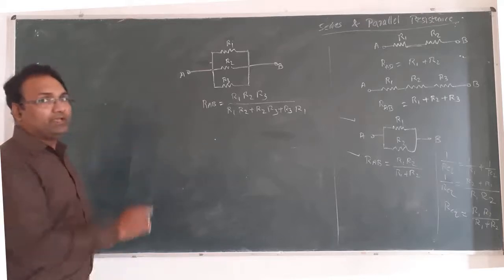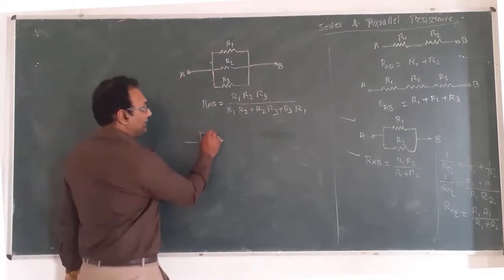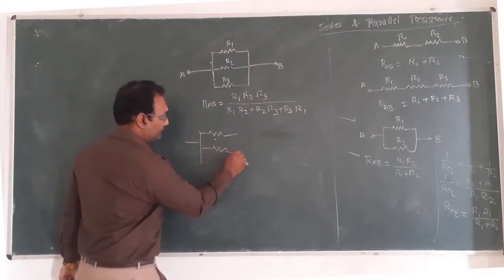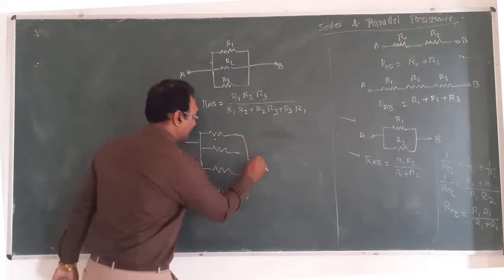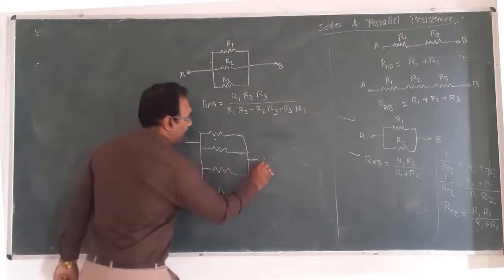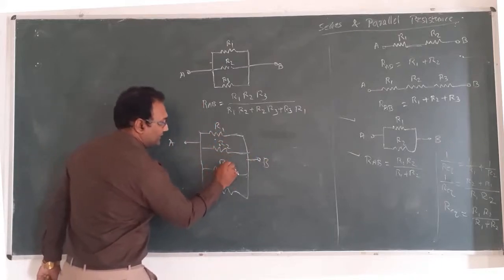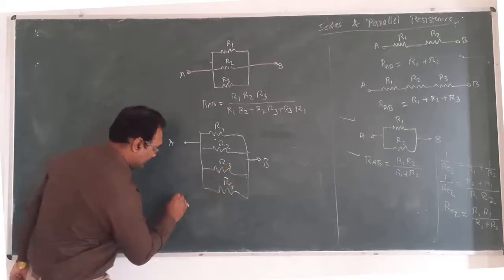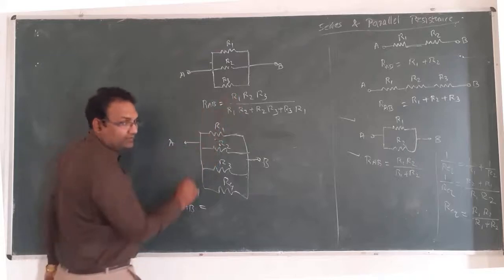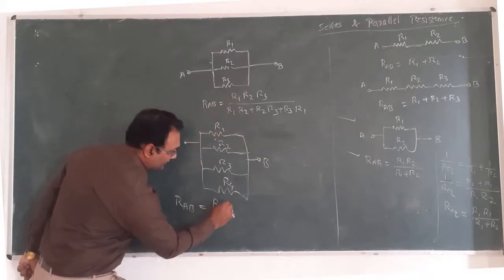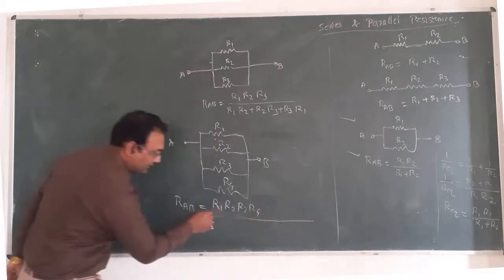Fine. Now if we have four resistances connected in parallel, then what will we do? In that case, the points A and B will have the equivalent resistance, and in the numerator it will be R1 R2 R3 R4 divided by.